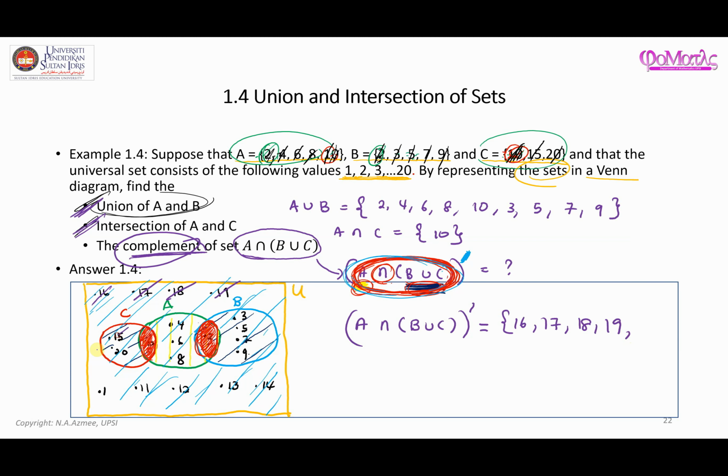Next, I'm going to move on to this part, 15 and 20. Next, 4, 6, 8. And then 3, 5, 7, 9. And then we've got 1, 11, 12, 13, 14. So this is the answer to the third question here.